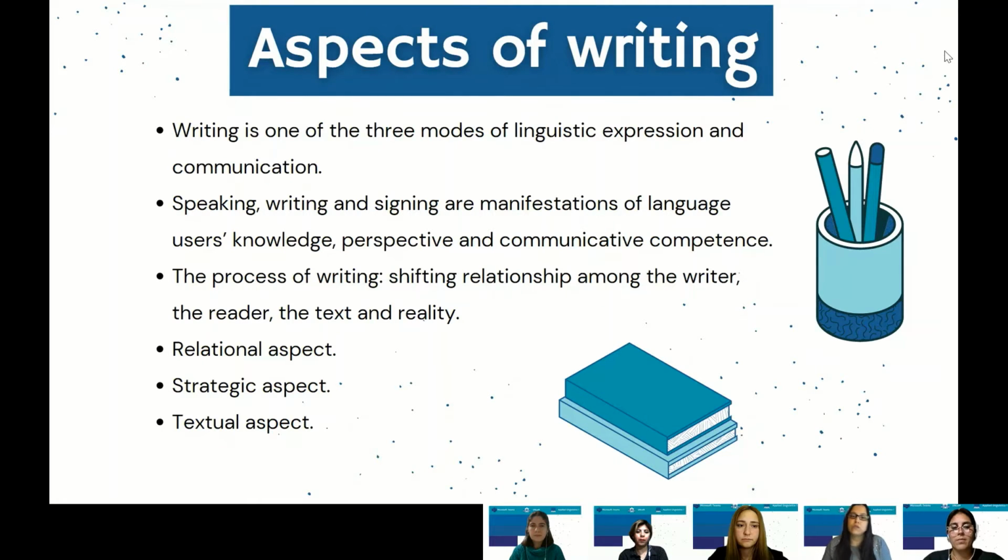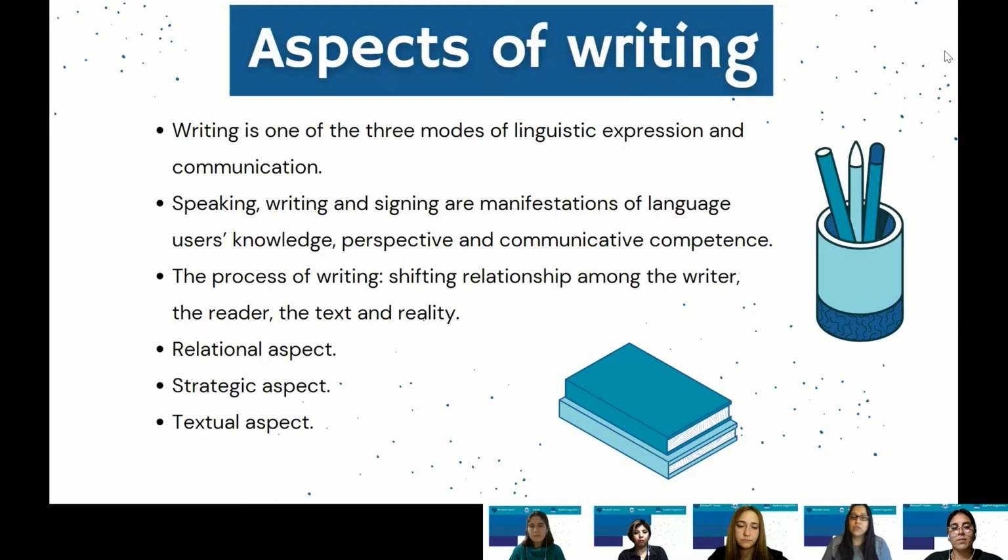That includes the writer, the reader, the text, and reality. Those relationships are constantly shifting, which means that writers and readers may develop different perceptions of any particular rhetorical situation.